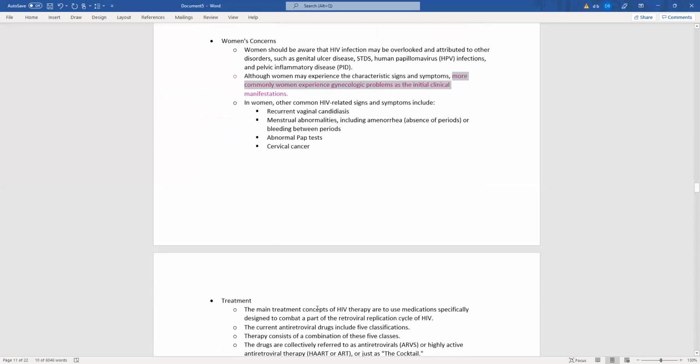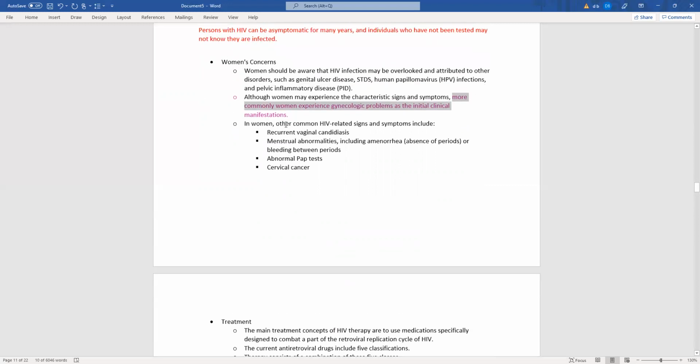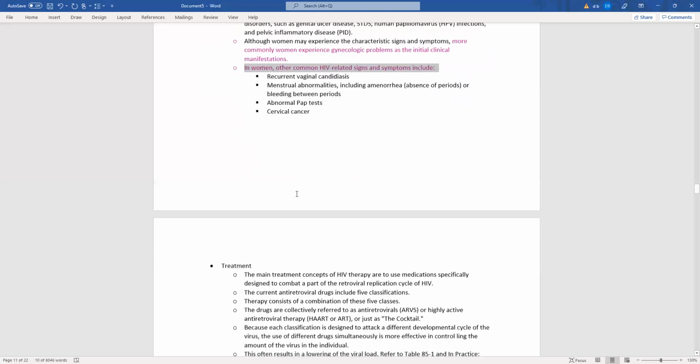Oh yeah, this might be a select all that apply. That's why I was looking at it. Recurrent vaginal candidiasis, menstrual abnormalities, absence of periods or bleeding between periods, abnormal pap, cervical cancer.